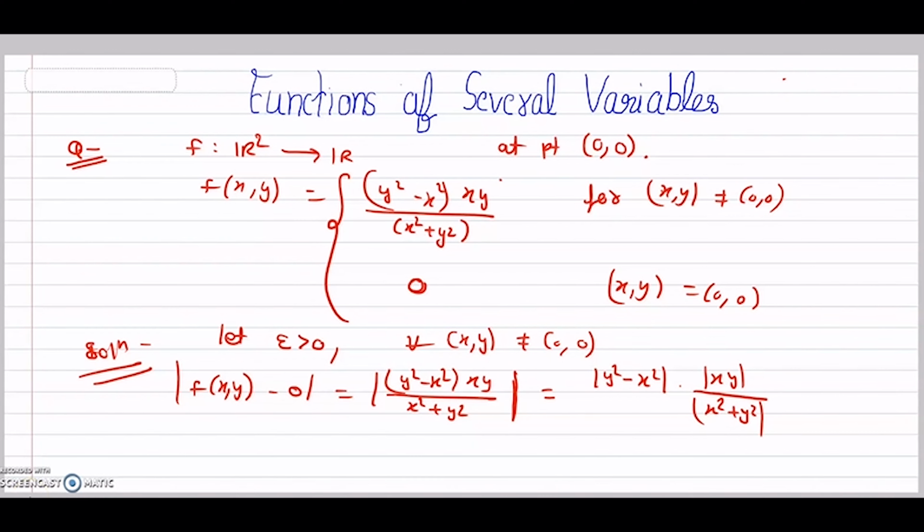So now, for all x and y we have modulus of x minus modulus of y whole square is greater than equal to 0.